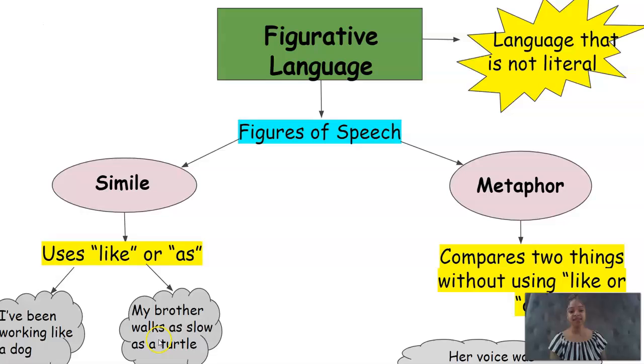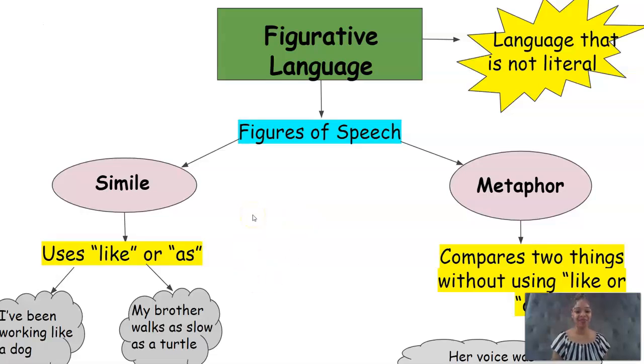Another example is, my brother walks as slow as a turtle. All right, and then a metaphor compares two things without using like or as. So remember, it does not use like or as. It's very important to remember that, because it can be a little confusing. And an example here, her voice was music to his ears.